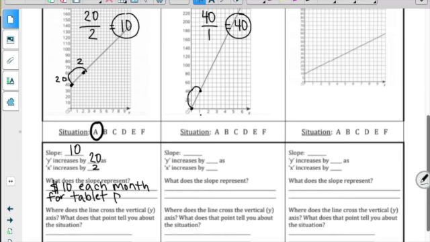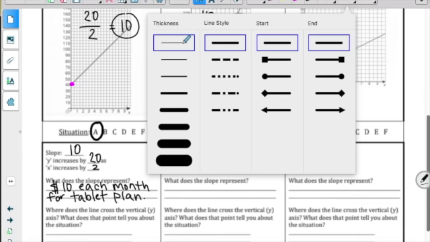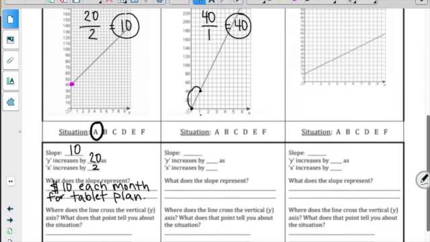Where does the line cross the vertical y-axis? What does this point tell you about the situation? Well, if we look at where our graph crosses the y-axis, it's right here at this point, and that point was 40. So what does the 40 represent in this situation? We know it's $40 because this is total money spent.